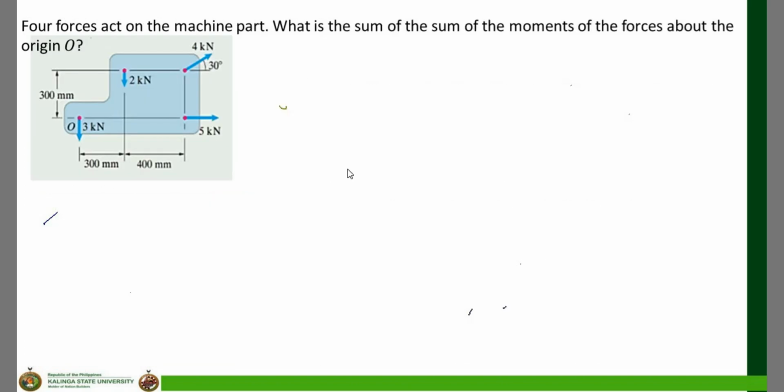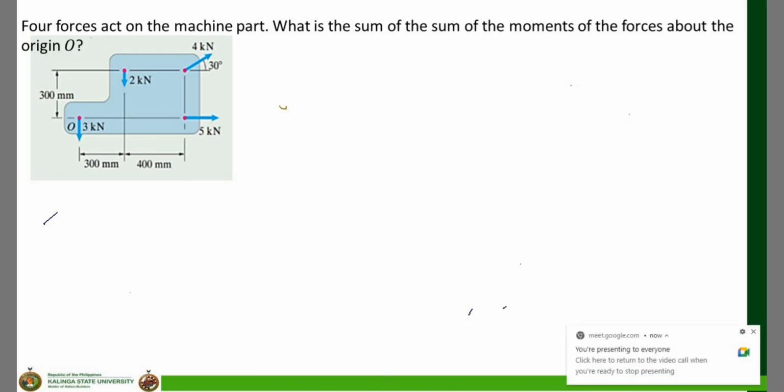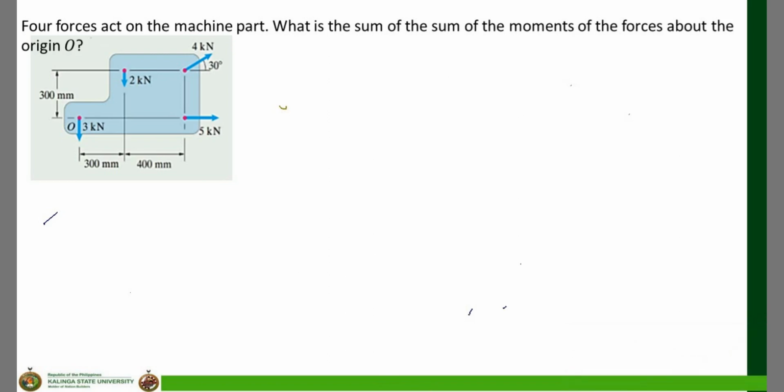So for this problem, there are four forces acting on the machine part. What is the sum of the moments of the forces about the origin O? In the diagram, there are four forces: 4 kilonewtons, 2 kilonewtons, 5 kilonewtons, and 3 kilonewtons.